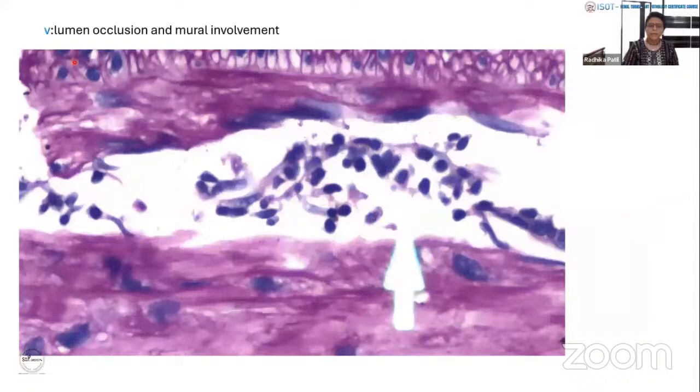This is graded according to the luminal occlusion, V1, V2, and mural involvement. If the tunica media, that is the muscle layer, is involved by fibrinoid necrosis, then it becomes V3. So there should be uplifting of the endothelial cells and the lymphocytes should sit beneath the endothelium.